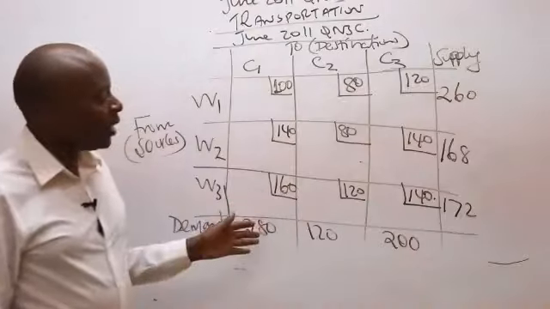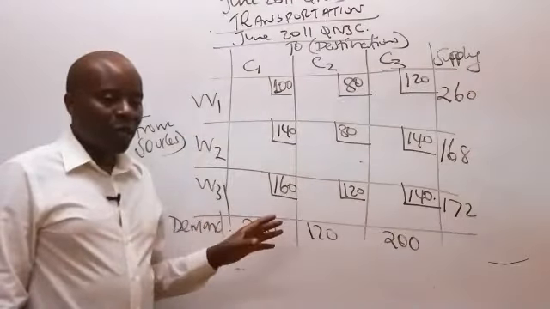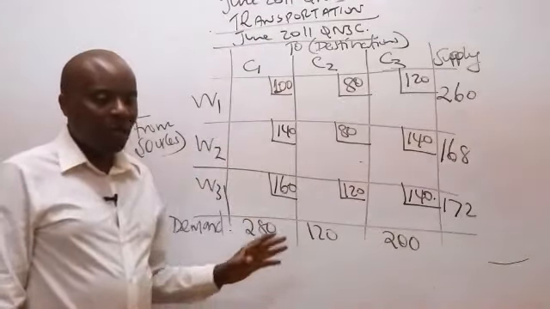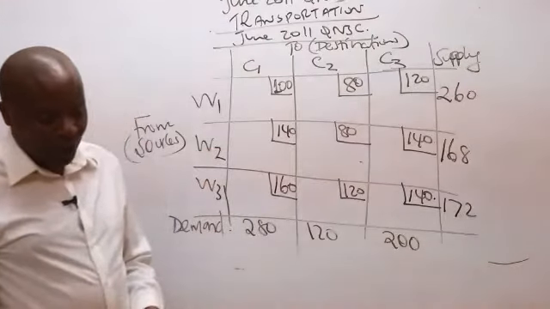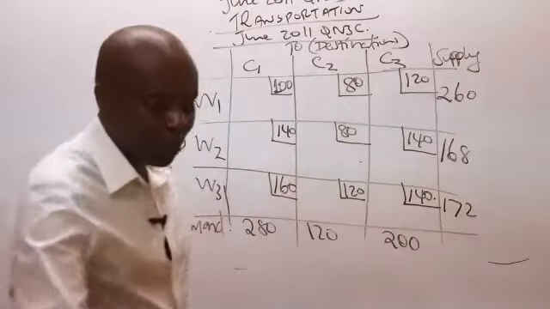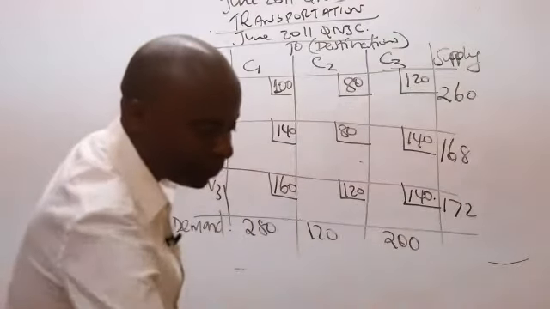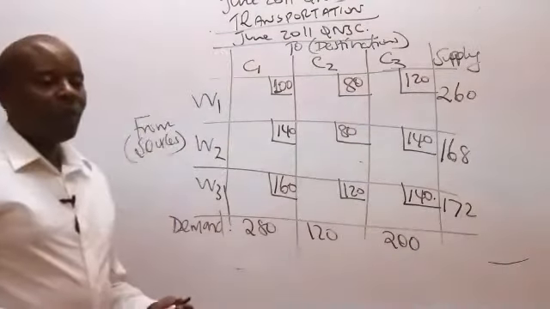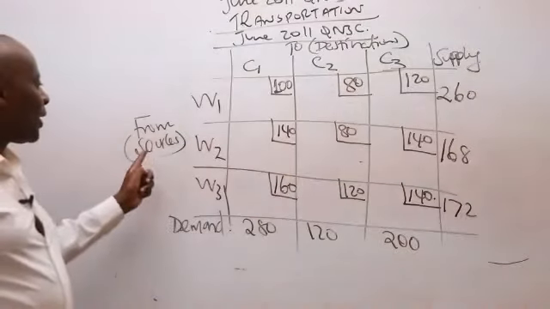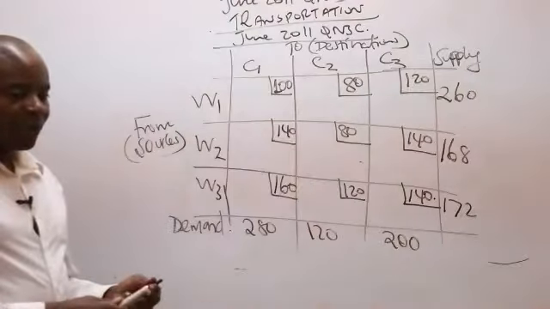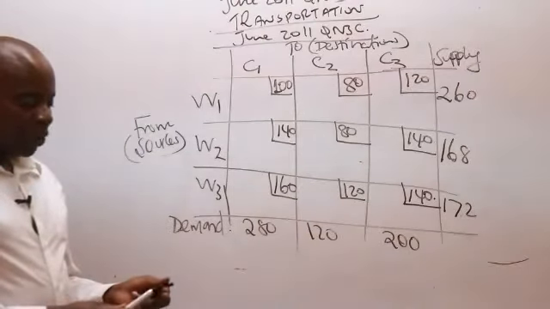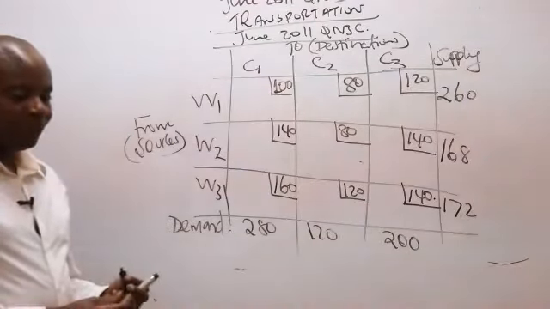Please tell me when you finish drawing this general structure of our transportation problem. Just let me know once you finish putting up this general structure. So once you finish, don't forget, we have here from our sources to our destinations.